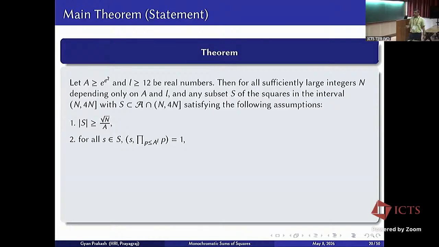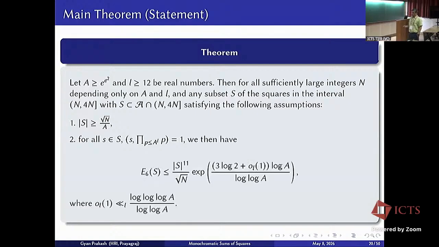Now this coprimality condition, which we earlier used in the application of Sarkozy and Leib, will also be used here in a very essential manner, as we will see. Then E(6S) is less than or equal to this bound. If you follow what I earlier said, this is where we apply the result.